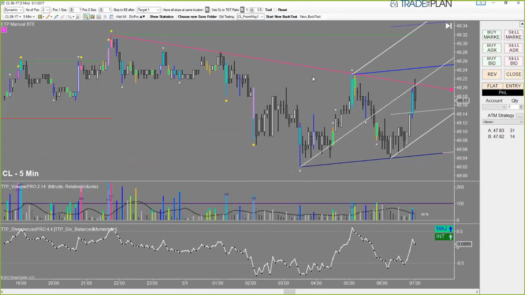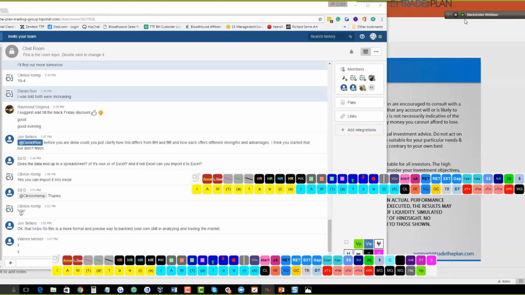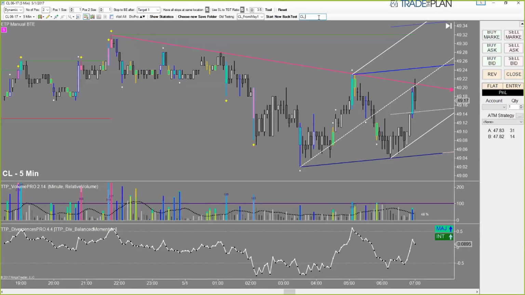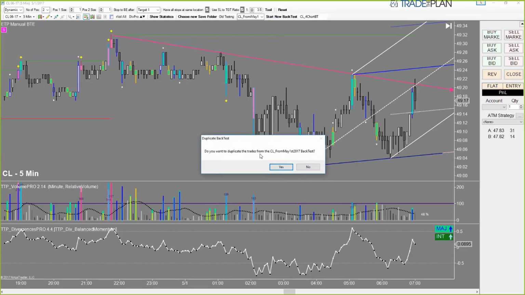And let's say we name this CL hotkeys for chart backtest. And then I'm going to start a new backtest. Do I want to duplicate the trades? No. So we're going to start over.